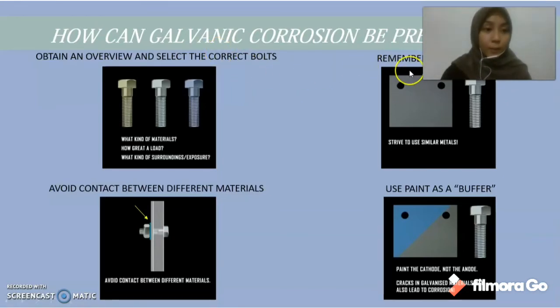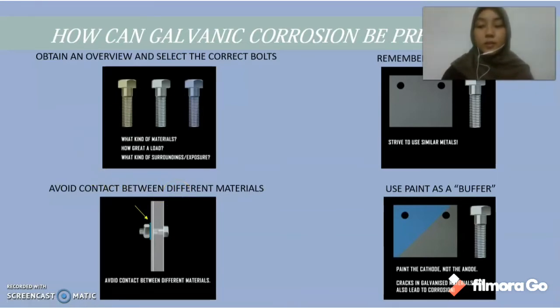Second, remember the basic rule in a corrosive environment: try to use metals with the same or almost the same nobility. And third, avoid contact between different materials.